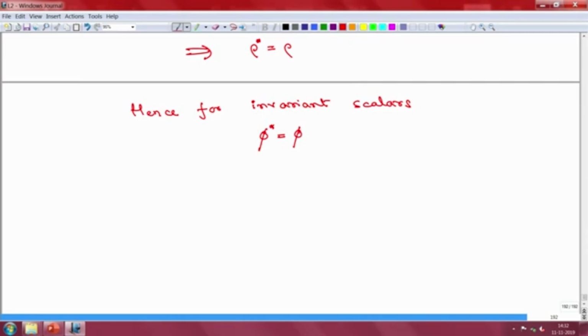It cannot change just because you have changed to a different spatial location and maybe at a different point of time. Again, as I said, this is an axiom. This is something that we believe is true, and we build our equations and our theory based on this. So, for invariant scalars, this simple relationship holds. Okay. But this relationship will obviously not remain as simple for other quantities. So, let us now discuss the case of vectors.